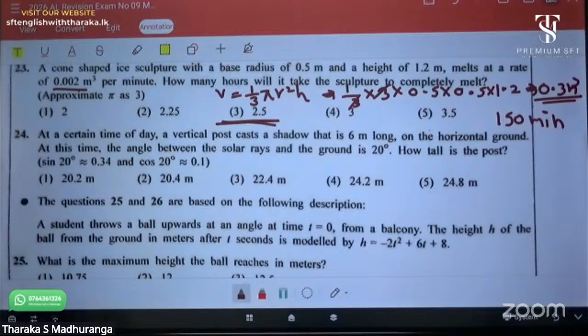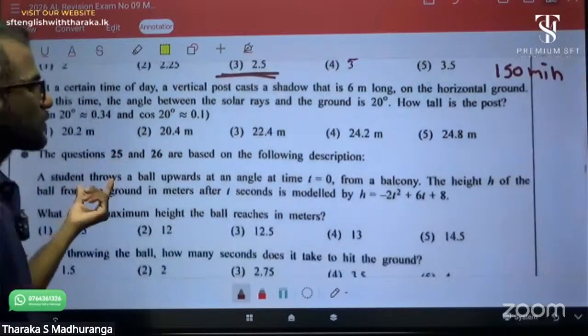How tall is the post? Sin 20 and cos 20 are given.